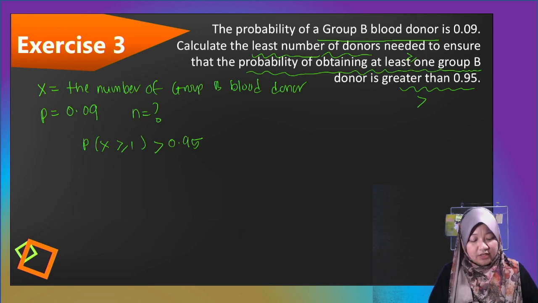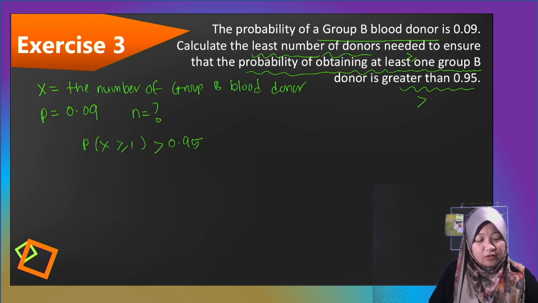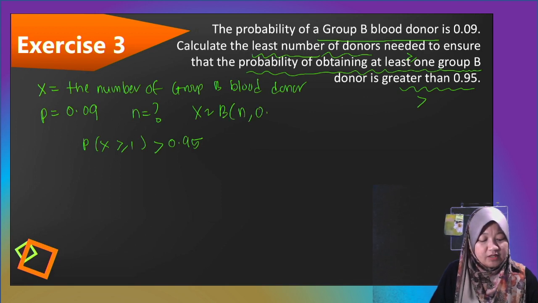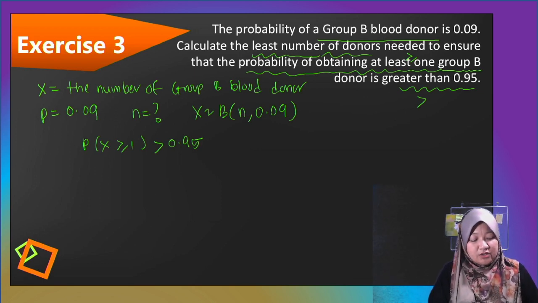Okay, so kita perlu cari apakah nilai N. Kita punya binomial ni belum lengkap. N kita tak tahu, tapi probability diberi. So, kita nak dapatkan apakah nilai N. Dia kata X greater than or equal to 1.